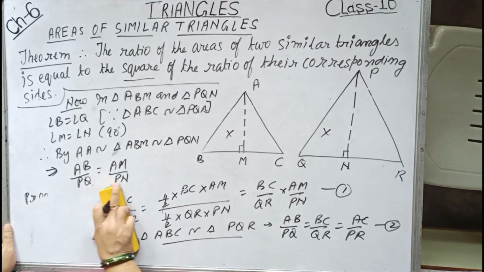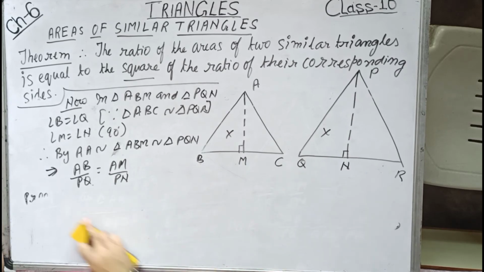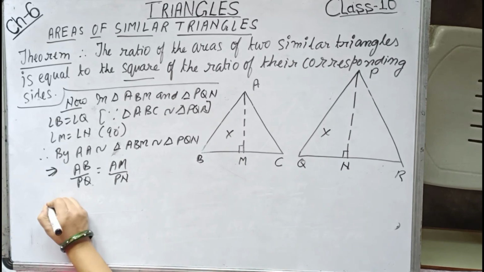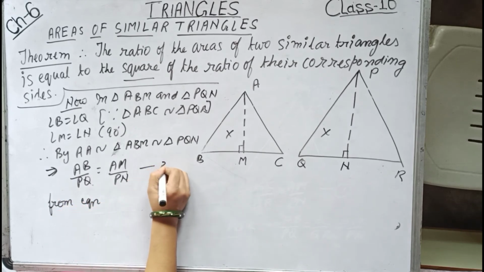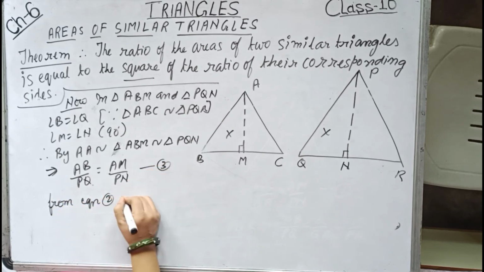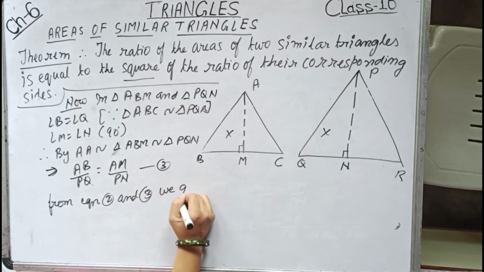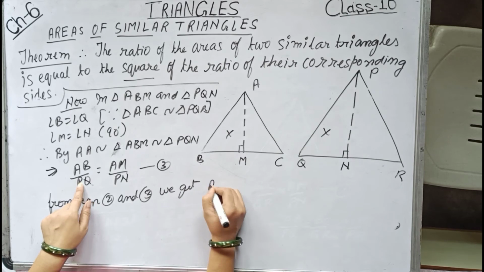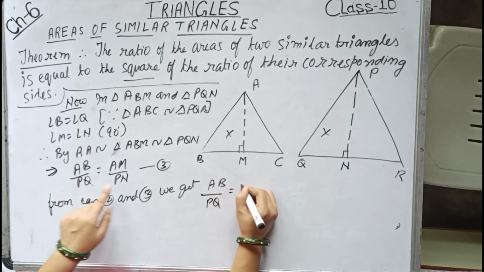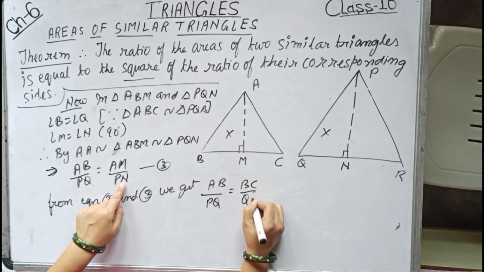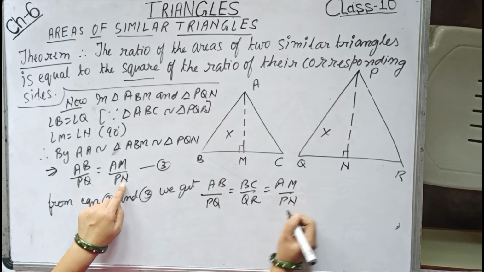So let us make it 3. From equations 2 and 3 we get AB by PQ equals BC by QR equals AM by PN.